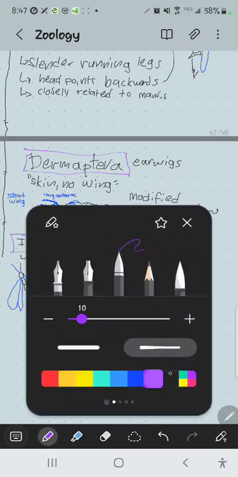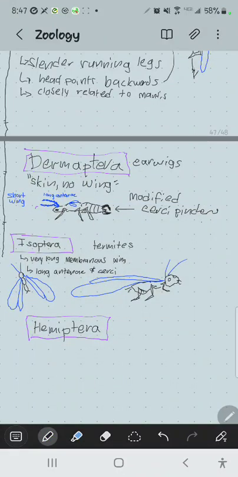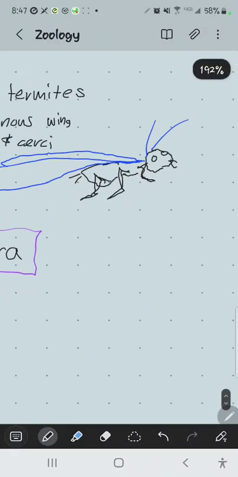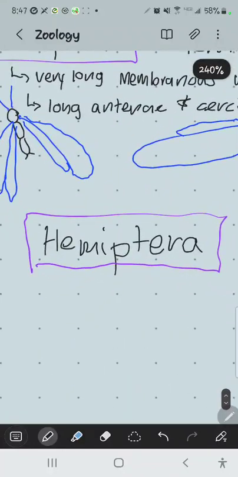So the Hemiptera. The name Hemiptera means partial wing or hemi-wing. Hemi means half or partial. Ptera.